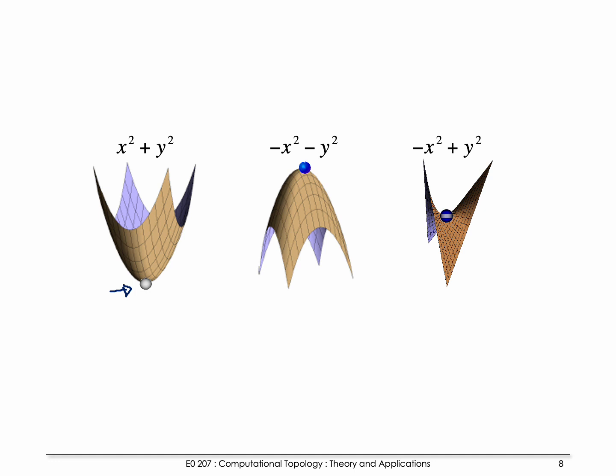If you have done this exercise, you will recognize that for the first function on the left, the origin is a local minimum, and it has two positive eigenvalues. For the second function, you have two negative eigenvalues, so the critical point is a maximum.